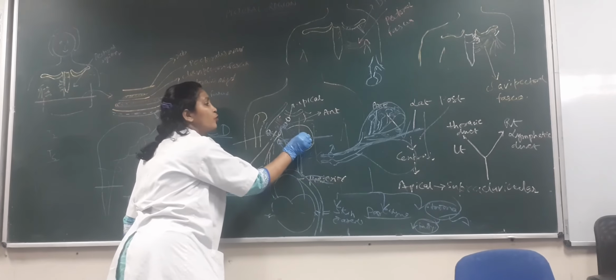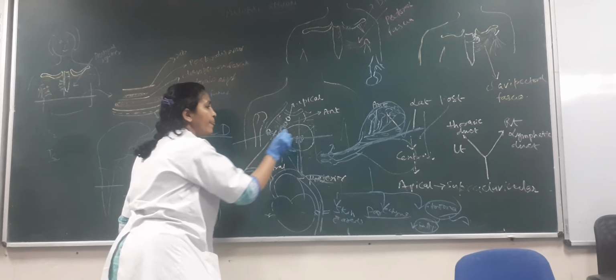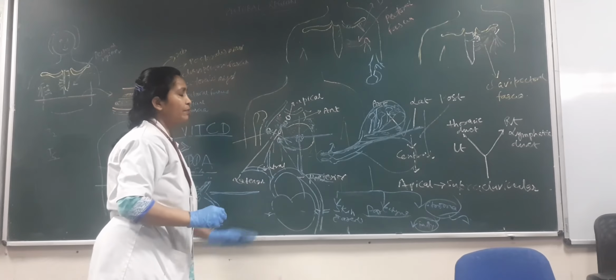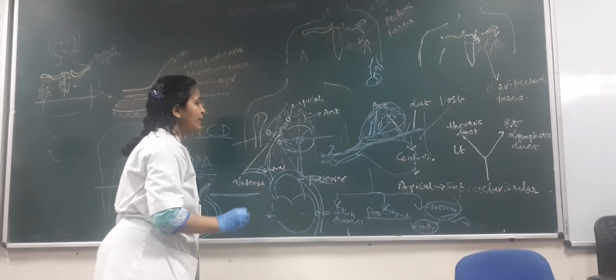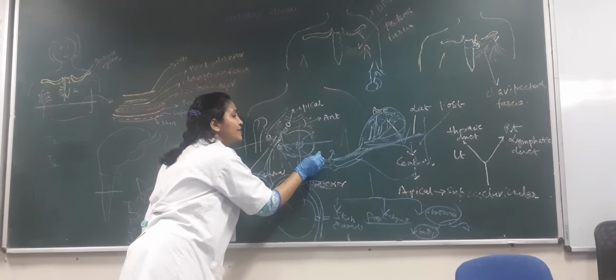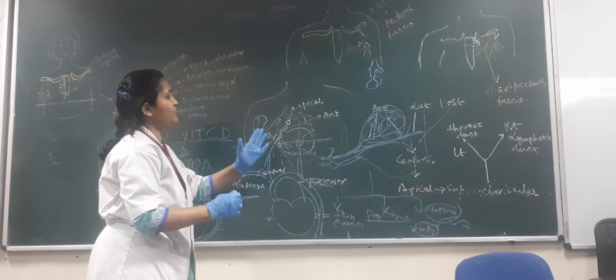Upper and inner going to the internal thoracic lymph node, which lies by the internal thoracic vein, by the side of the sternum. And lower and inner going to the mediastinal lymph node. Mediastinum is what?